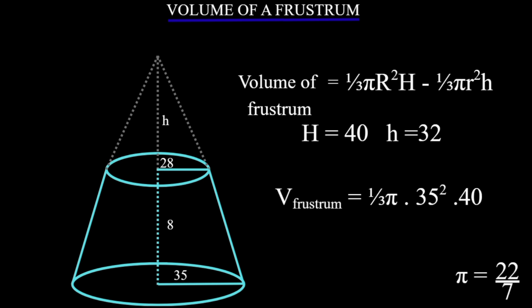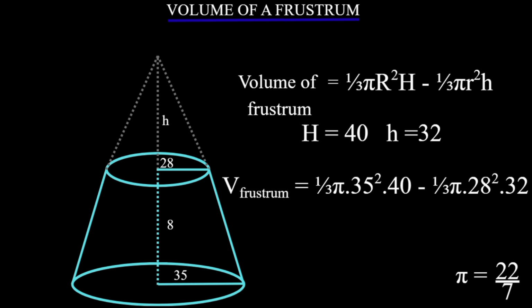So we shall have this as a third by pi by 35 squared by 40. Remember our pi is 22 over 7. Then minus a third by pi by 28 squared by 32. Now when we do this, a third by pi by 35 squared by 40, that gives us 51,333.68.